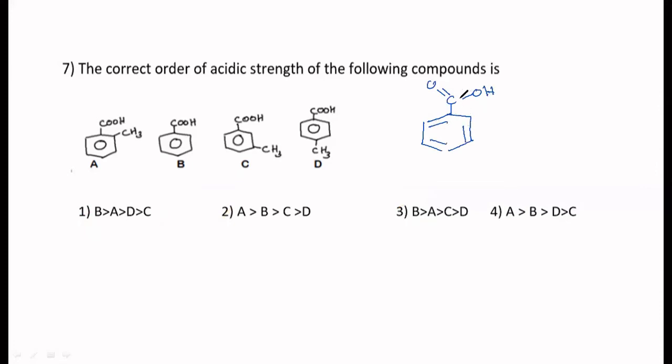When no group is there at the ortho position, these electrons can be involved in resonance. Once it gives out this proton, it is going to form this carboxylate ion, O minus. So this can go there, this will go there. Therefore, there is resonance involved in this if there is no group present in the ortho position.